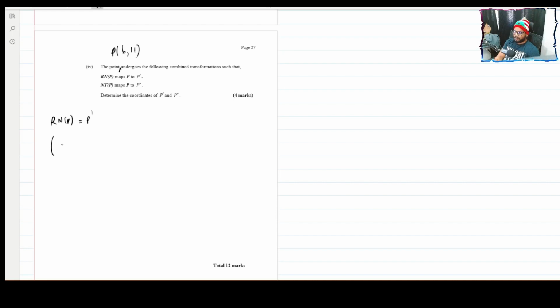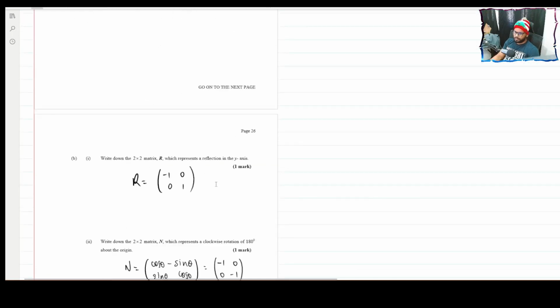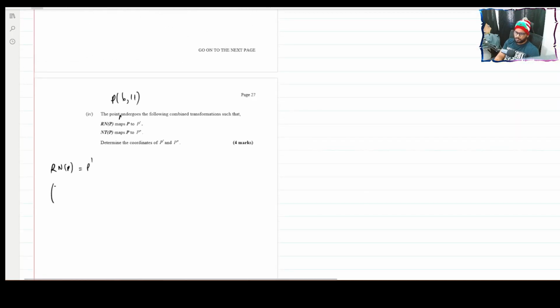So R, which would have been -1, 0, 0, 1, N, which would have been -1, 0, 0, -1, and the point P in vector form, which will be 6, 11, will be equal to P prime.